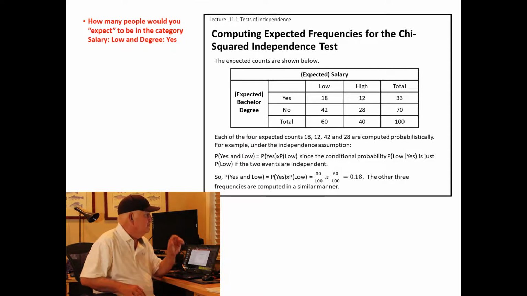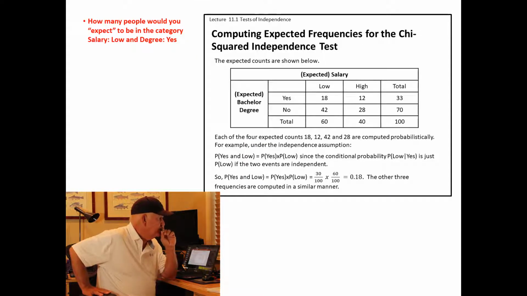In particular, let's look at one box. Let's ask, how many people would you expect to be in the category of salary low and degree yes? You can see it in the upper left-hand corner of that little data matrix. Out of 100 people, how many would you expect? Expect is sort of the key word.